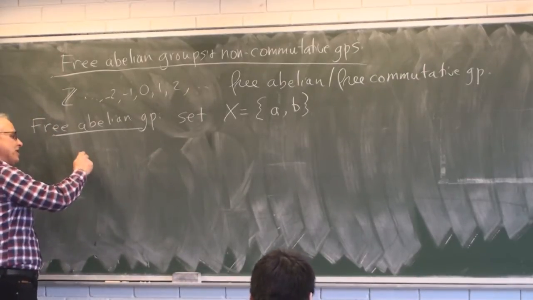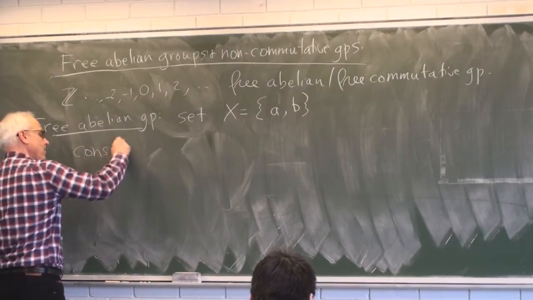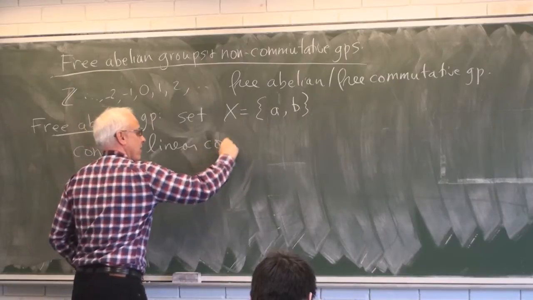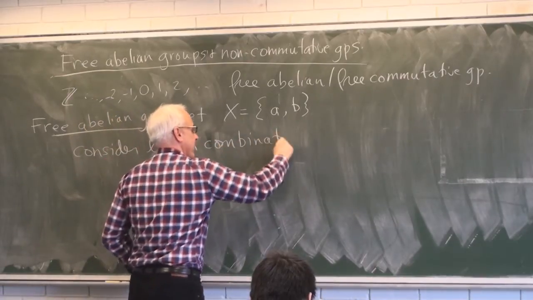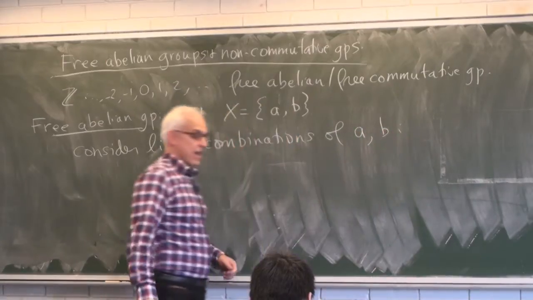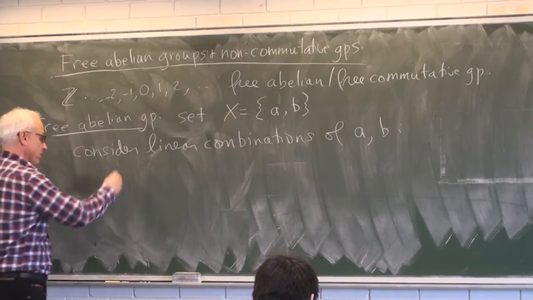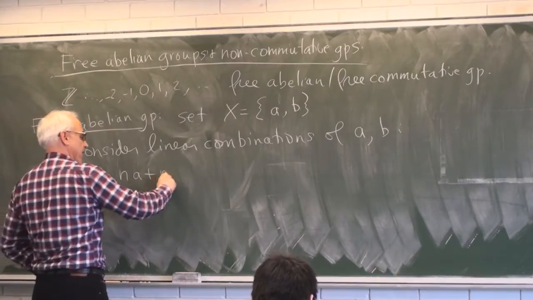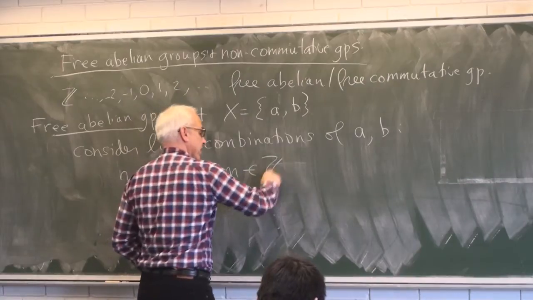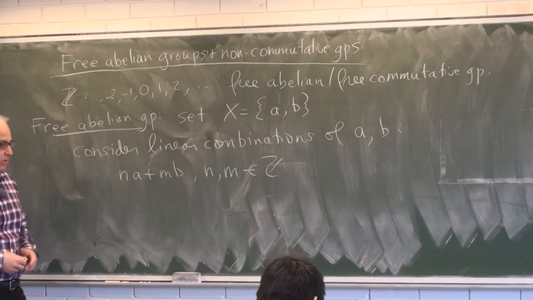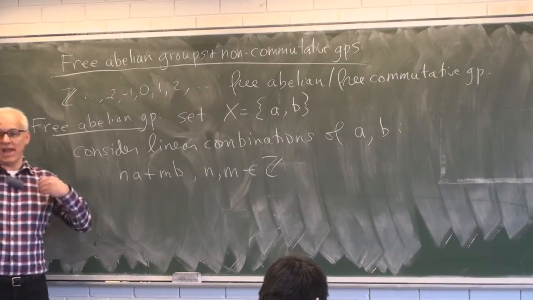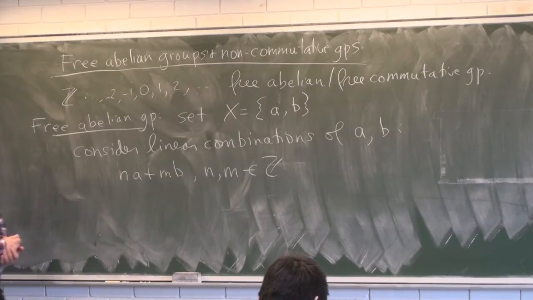So what we do is we consider linear combinations of A and B. And these are just expressions that we write down. For example, NA plus MB, where the N and the M are integers. So we're allowing ourselves integral combinations of A and B, and those are the elements of this free group.